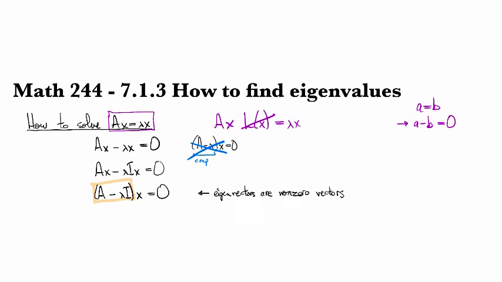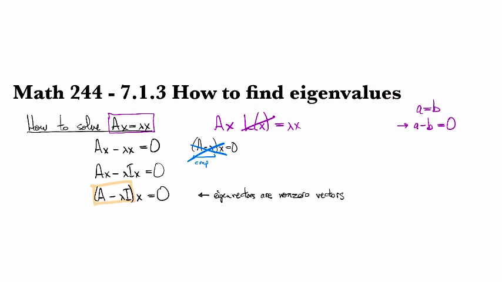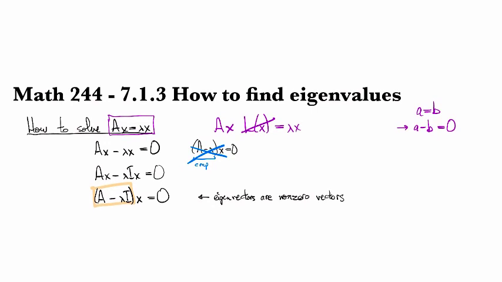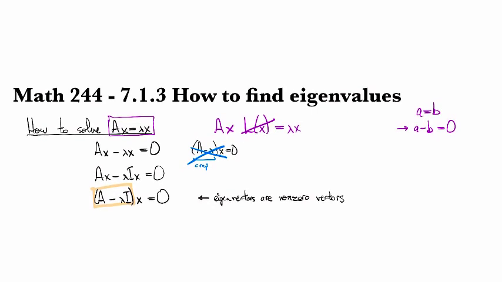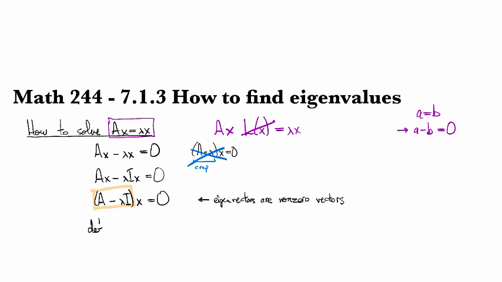Well, from our characterization of invertibility theorem, we know that the only way you can have non-zero solutions to a homogeneous equation is when that matrix is not invertible. And that matrix is not invertible precisely when its determinant is 0.